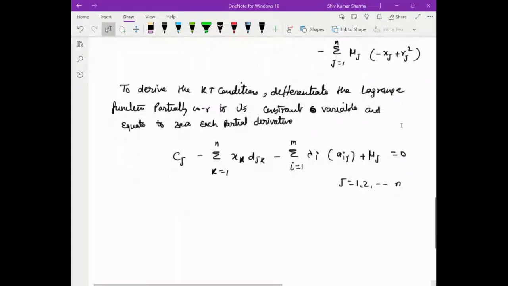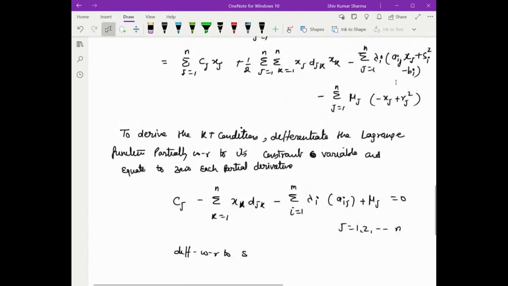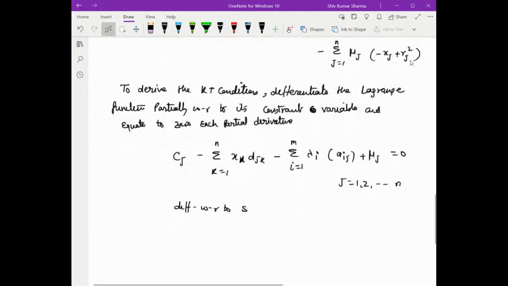When we differentiate with respect to s, we get only the second term; the other terms do not involve s.